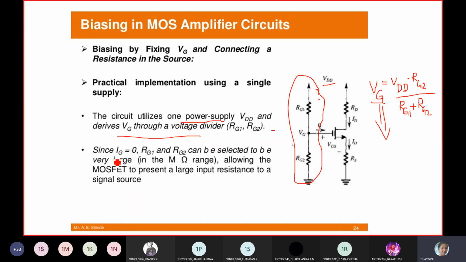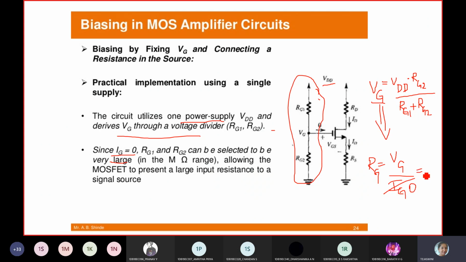Okay. So since IG is equal to 0, RG1, RG2 can be selected to be very large. As you all know, resistance is voltage by current. So VG by IG, that is your RG. So IG is 0.